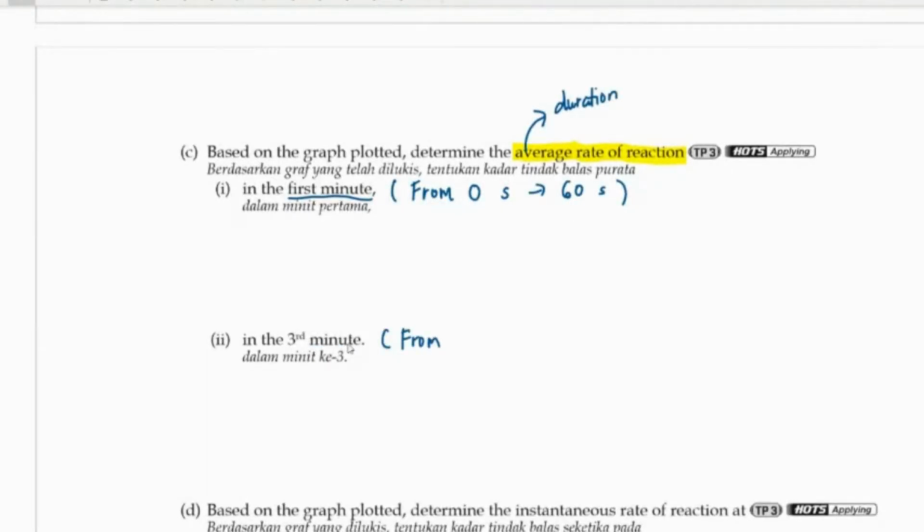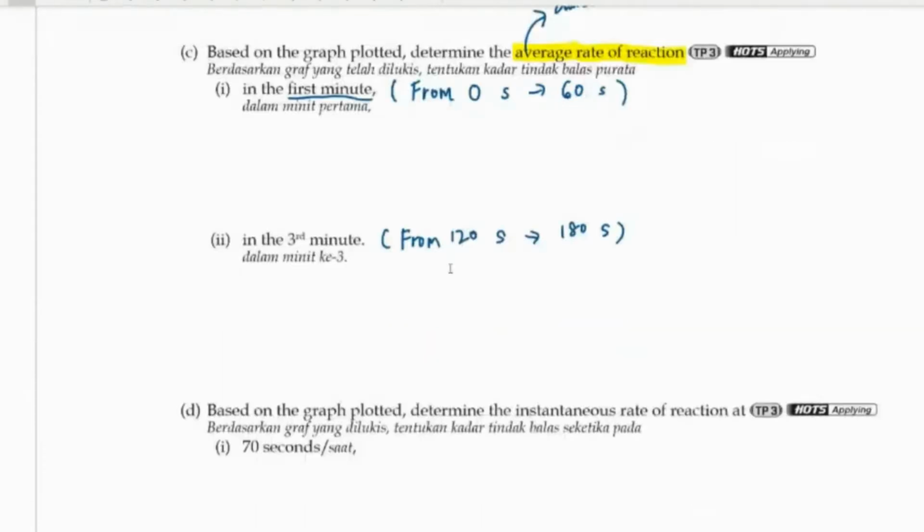From how many seconds to how many seconds? Have a guess? Okay, very good. 120 seconds to 180 seconds. So here you can see, average rate of reaction normally has a range, from 0 to 60 seconds, from 120 seconds to 180 seconds.